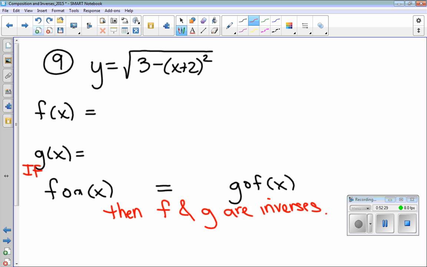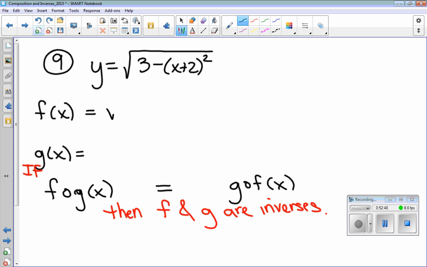Oops, I erased the g somehow. So if you look at question number 9, it's really just a big fancy way to say what? It's really wordy, but it just basically means in number 9, find the inverse.